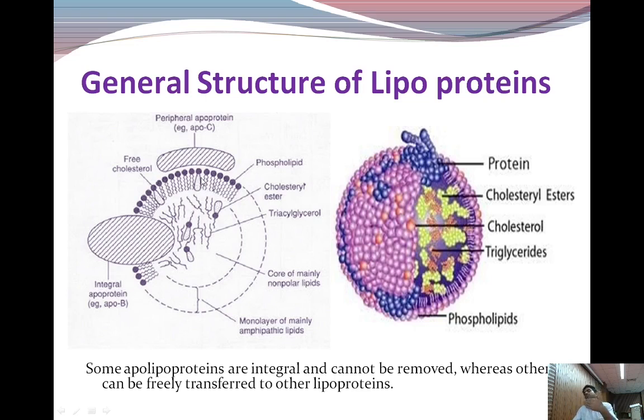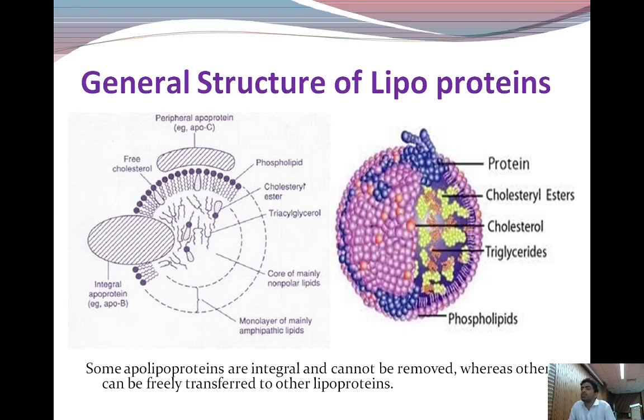The proteins which are part of lipoprotein are named ApoA, ApoB, ApoC, ApoE, like that. So this is ApoC and this is ApoB. It's very clear: the core is made up of triacylglycerol and cholesterol ester. The surface layer is made up of phospholipids and cholesterol, which are amphipathic. The core is non-polar, and the surface layer of amphipathic lipid contains proteins known as apoprotein or apolipoprotein.